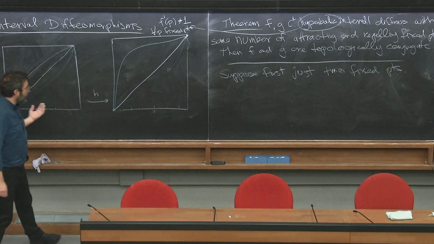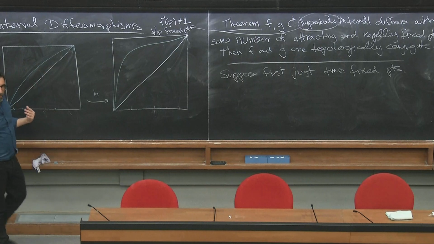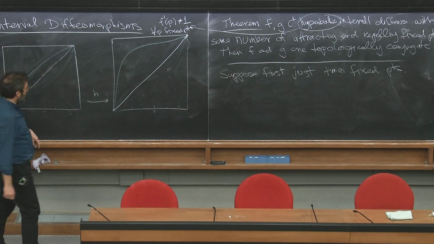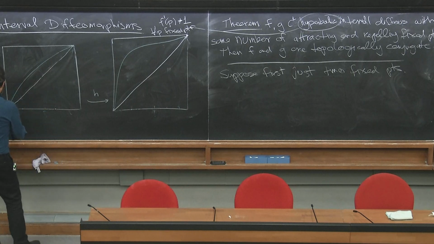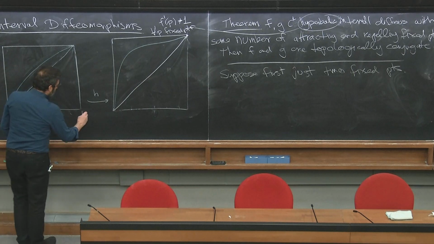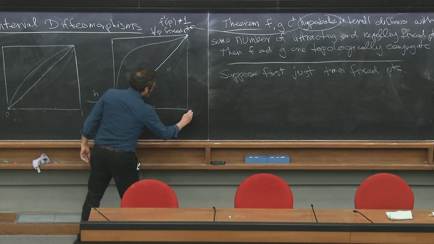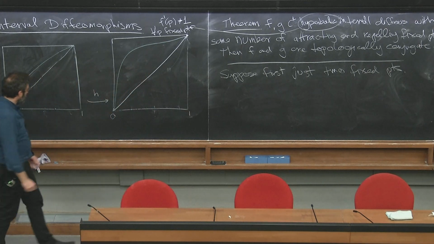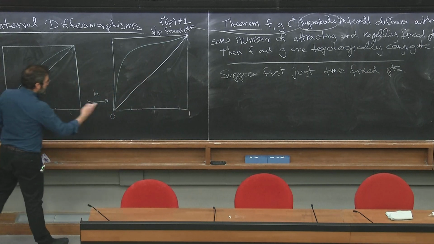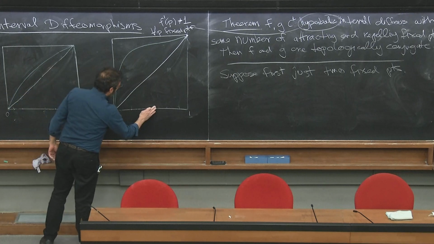We need to construct a bijection between these two. We need to construct a homeomorphism, right? So clearly, we can suppose this is the interval [0,1] on both sides, just for simplicity, but it doesn't matter. Clearly we want to send 0 to 0 and 1 to 1.